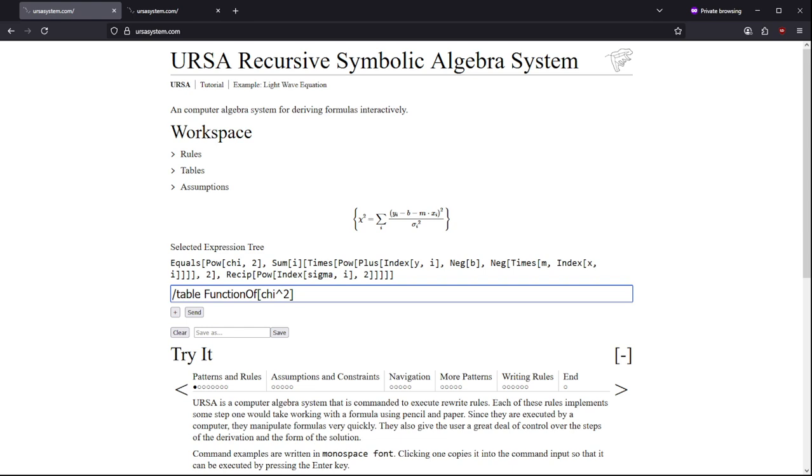So we're going to say that chi-squared is a function of b, m, x sub I for any I. That's what the underscore does. This is a pattern, and it will match anything. So this is now going to say that chi-squared is a function of these things: b, m, x sub I, y sub I, and sigma sub I for any I.